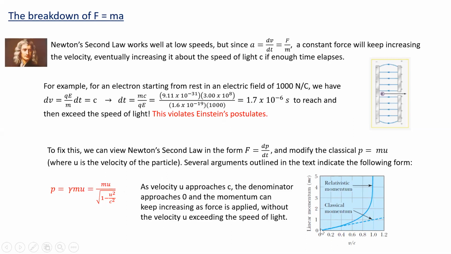But relativistically, we can get the momentum as high as we want with velocities v over c less than 1, that is, velocities less than c. So this is our new and improved expression for the relativistic momentum. It's just the gamma factor times the classical momentum.